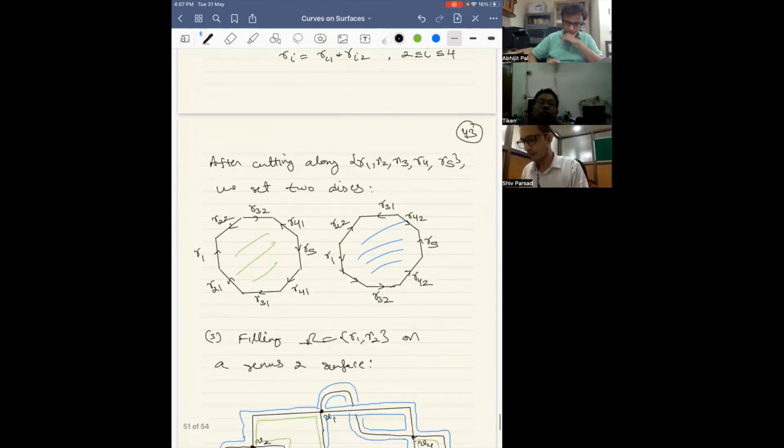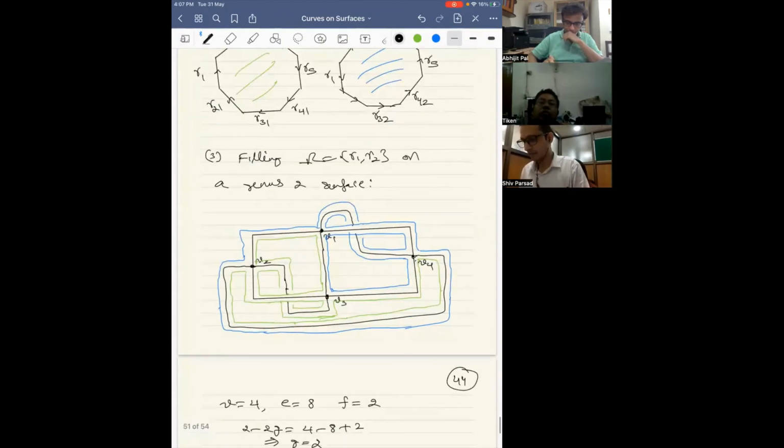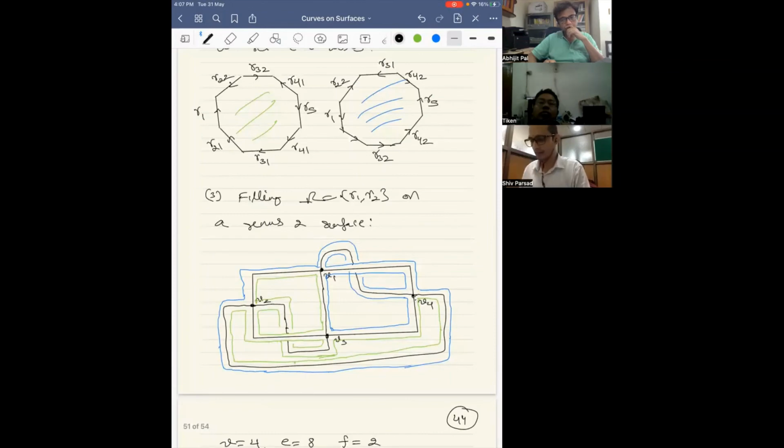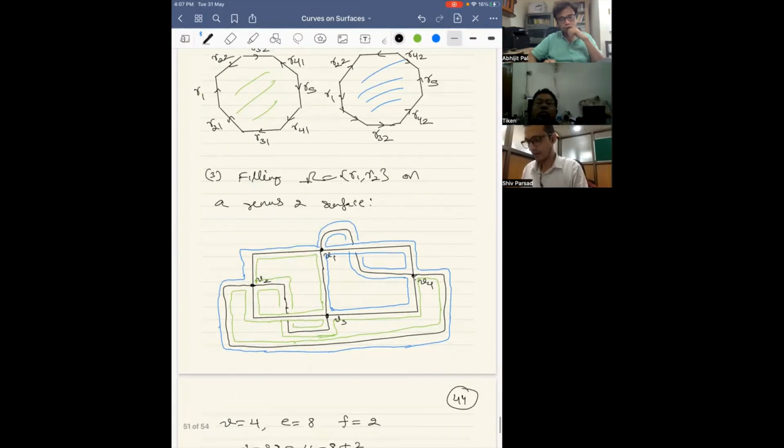So here is an example. You can look at an oriented graph which is embedded on the surface. Let us look at this graph with 4 vertices and 8 oriented edges.